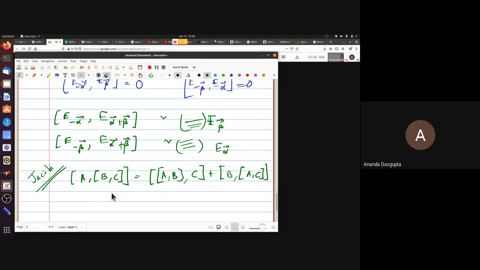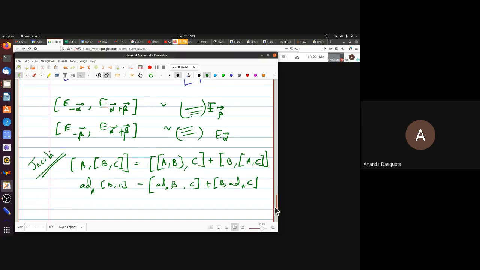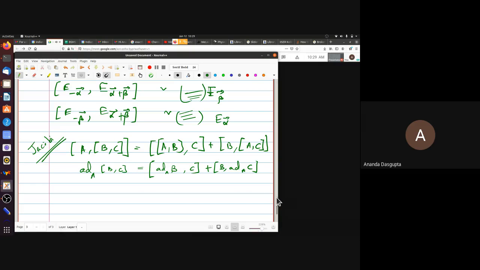That is, you're doing something, which of course is ad A. Superoperator's commutation? No, not really. What we are doing is this. This, of course, is a Jacobi identity. I'm not denying that. I'm saying that you can also look upon it in a slightly different light, which actually reveals something about the structure.